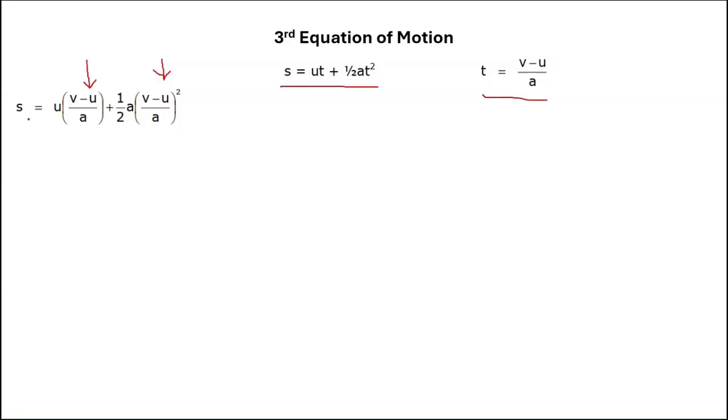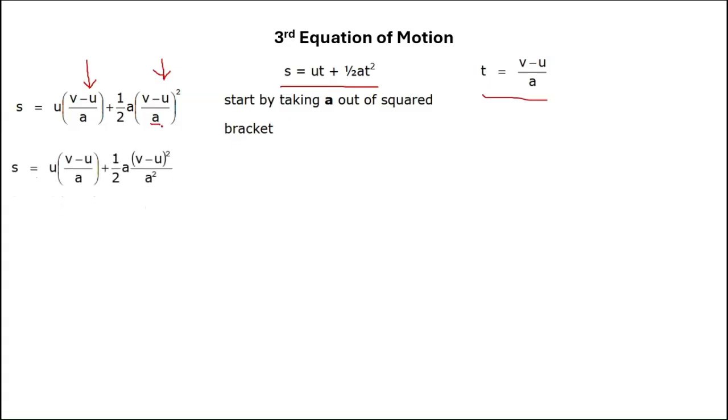Now we will simplify this equation. We will start by taking a out of the square bracket. Simplifying, we get s is equal to u into (v minus u) divided by a plus half into a into (v minus u) square divided by a square.